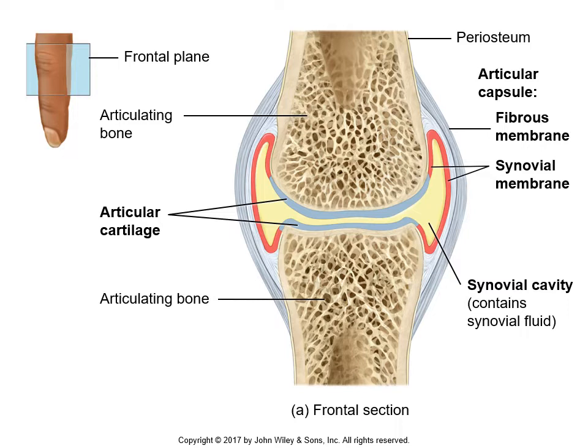So as we age, tissues begin to break down. The synovial membrane begins to produce that much less synovial fluid, and over time the hyaline cartilage begins to break down. Now, when I say that, I'm not talking about rheumatoid arthritis, where there is an autoimmune destruction of the synovial membrane.